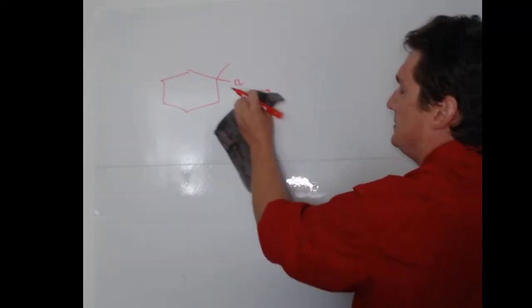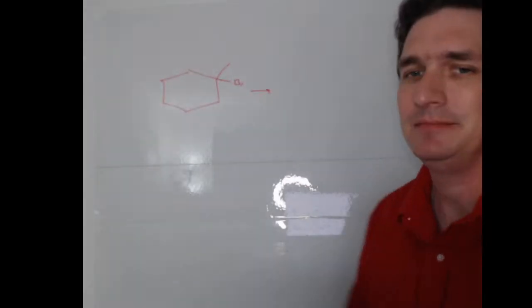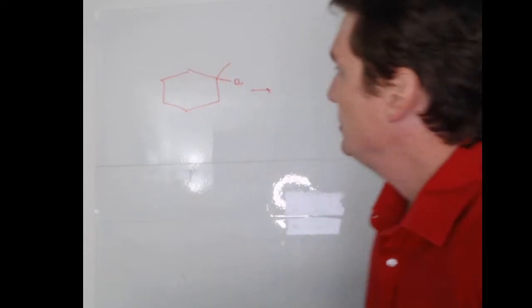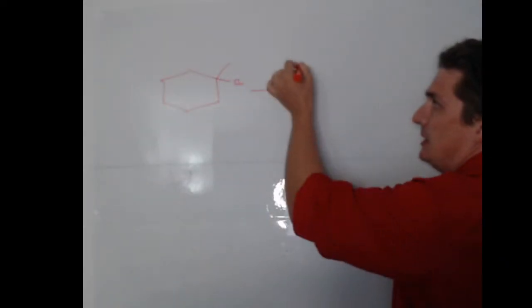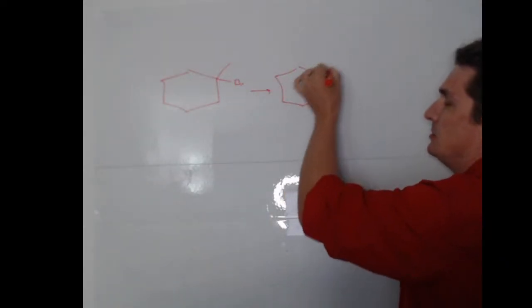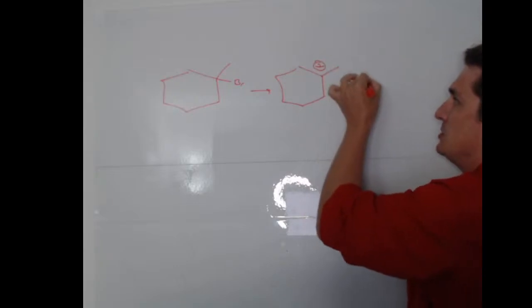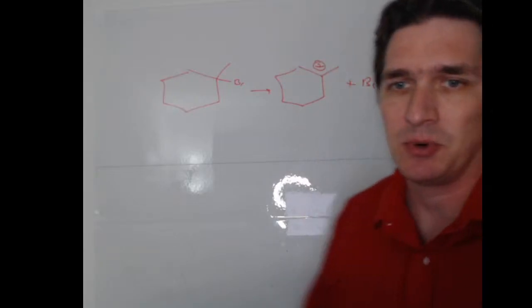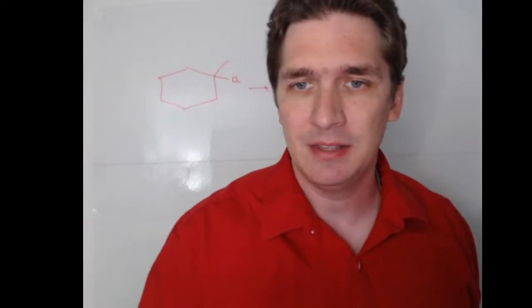Well, we don't have a good base in this case, but we do have a decent leaving group, and we have a tertiary carbocation. So my first guess would be that we're going to dissociate to give ourselves bromide and this carbocation.